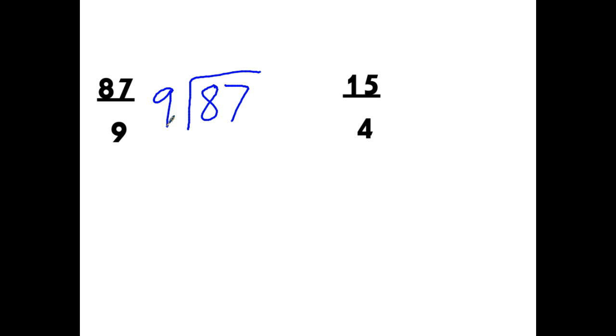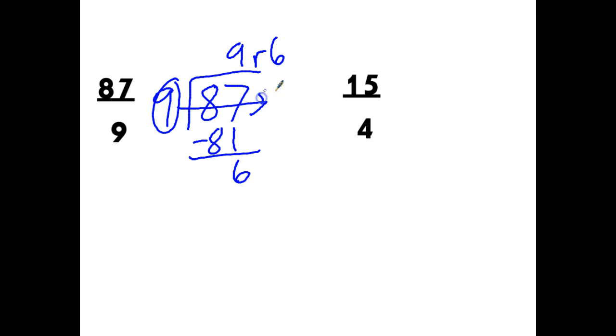87 divided by 9. Now 9 nines is 81. When I subtract, there's a 6. 9 remainder 6. Don't forget to bring this 9 over. 9 and 6/9. Oh, this is one of those that I could reduce since we've been simplifying fractions.